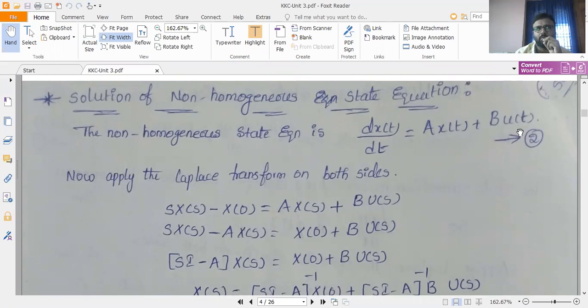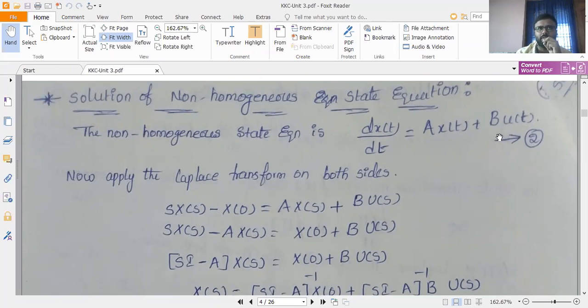Now the non-homogeneous state equation is d by dt of x of t is equal to A into x of t plus B into u of t.